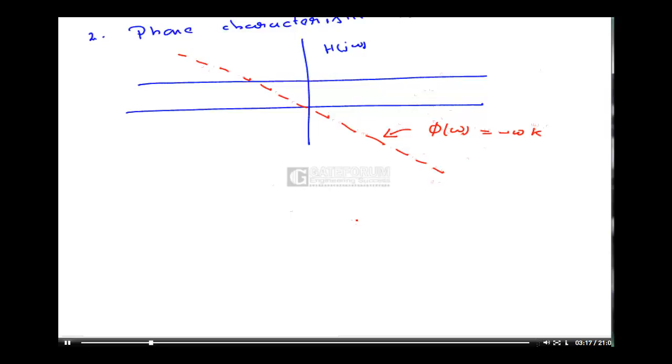This is a linear phase and constant magnitude response. These two conditions are required to be met for a distortionless transmission of signal through a system.